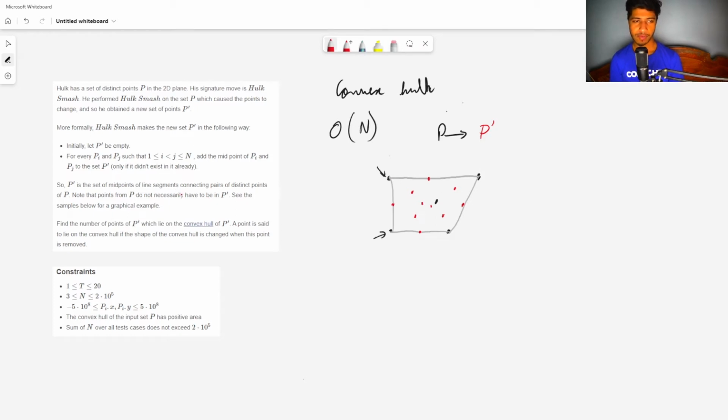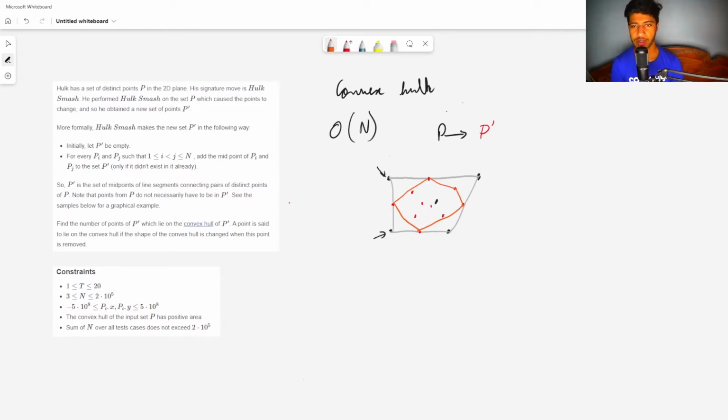You need to find the number of points that lie on the convex hull of P dash. What will the convex hull of P dash look like? Something like this. This will be the convex hull of P dash.